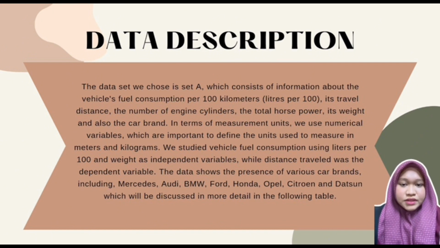In terms of measurement unit, we use numerical variables, which are important to define the unit used to measure, in meters and kilograms. We study vehicle fuel consumption using liter per 100 and weight as independent variables, while distance traveled was the dependent variable.